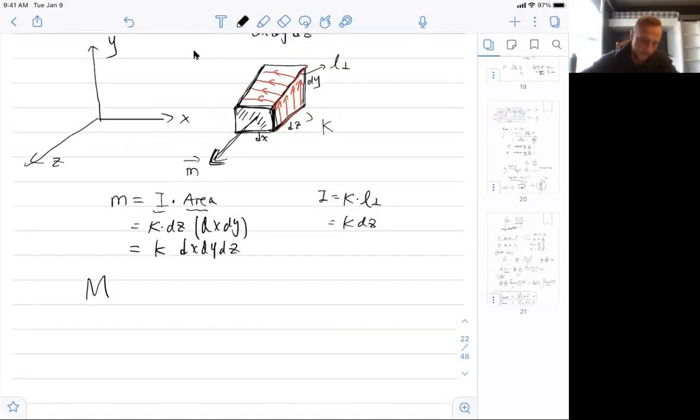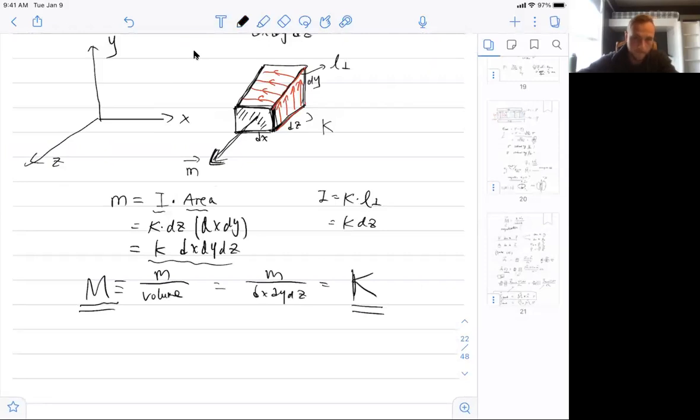Recall the magnetization is defined to be m over volume, so it's m over dx dy dz. If you plug in here, you get K. So magnetization is equal to the bound surface current.